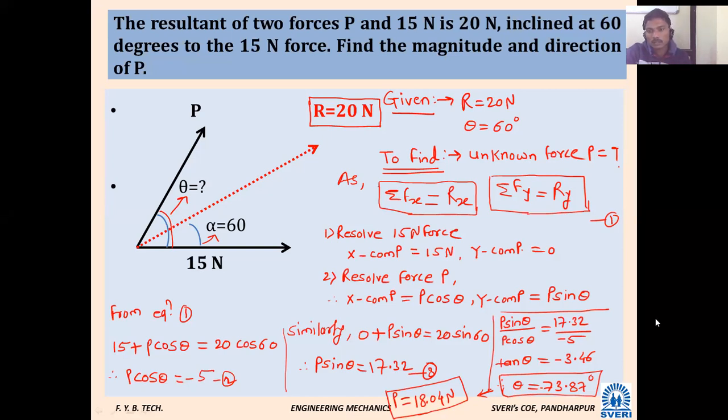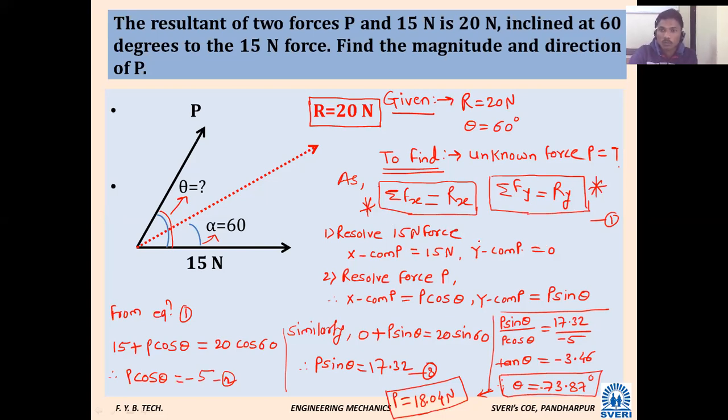In the earlier problem the resultant had to be found, in this the resultant is given. Very good. Then what logic did we apply? Which basic concept did we use to solve such a problem? Summation of Fx is equal to the x component of the resultant. Very good. This star mark I will say, this one is most important.